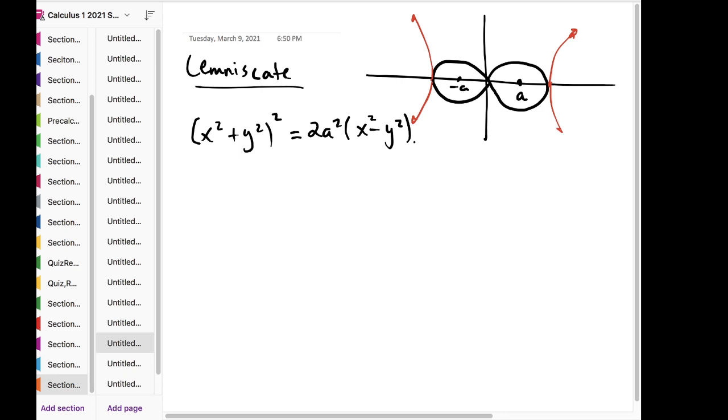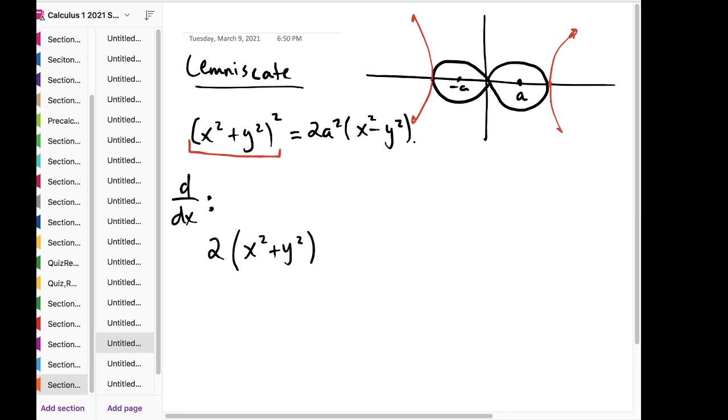Okay, let's take the derivative. It's a bit more complicated here. How do you do the derivative of the left-hand side? Chain rule, yeah. What is the outer function that you plug into? Yeah, x squared. So the derivative of x squared is 2x, so it's 2 times whatever's inside.